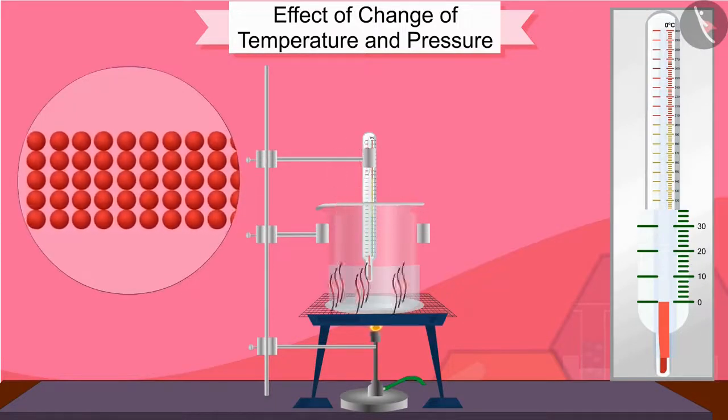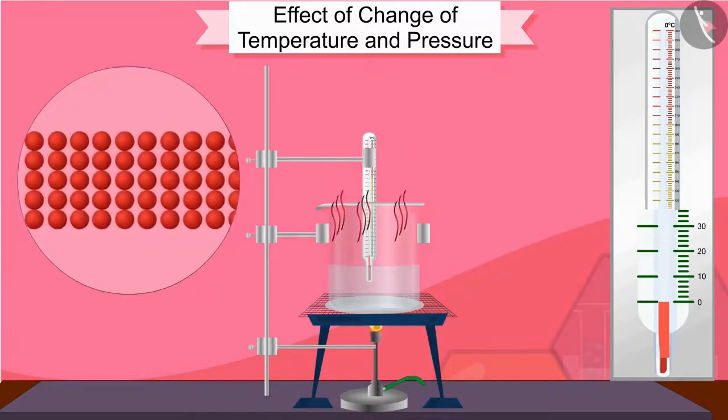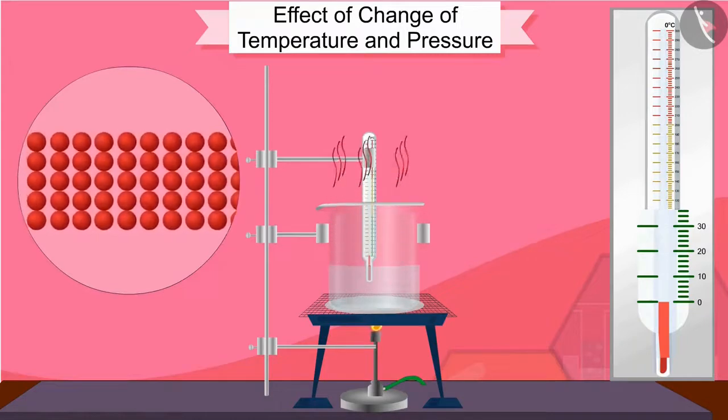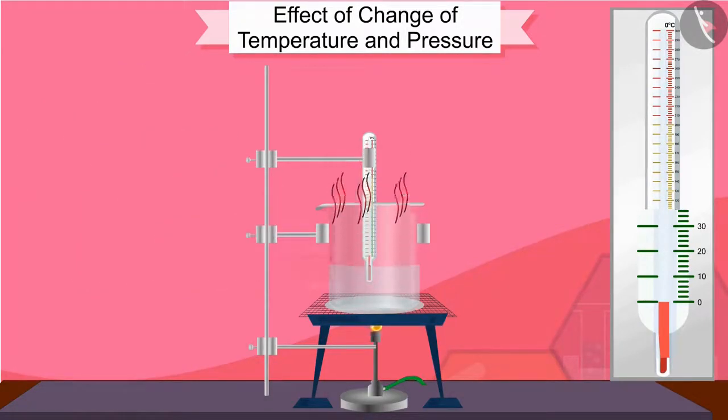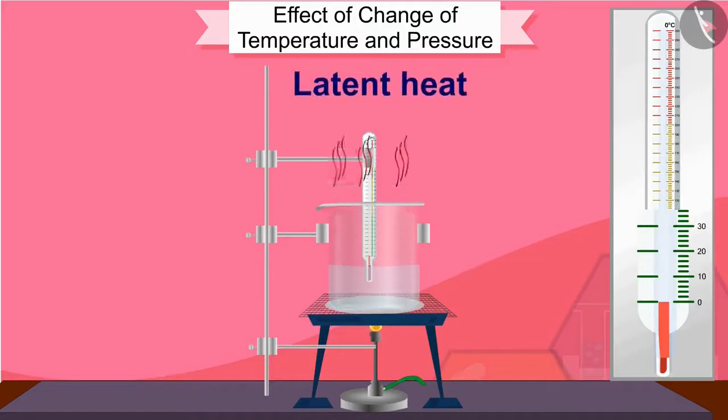Actually, this heat gets used up in changing the state by overcoming the forces of attraction between the particles. As this heat energy is absorbed by ice without showing any rise in temperature, it is considered that it gets hidden into the contents of the beaker and is known as the latent heat. The word latent means hidden.